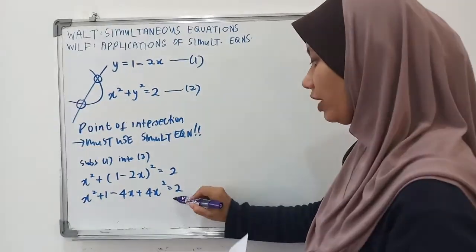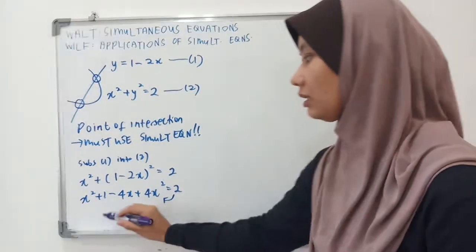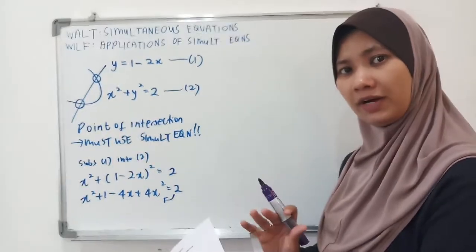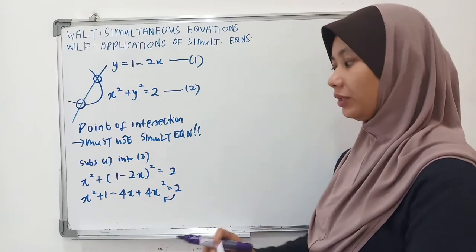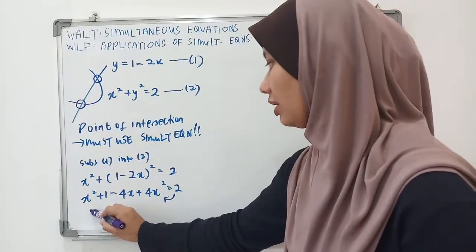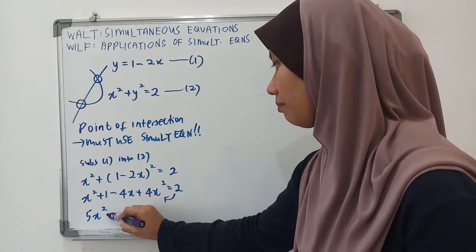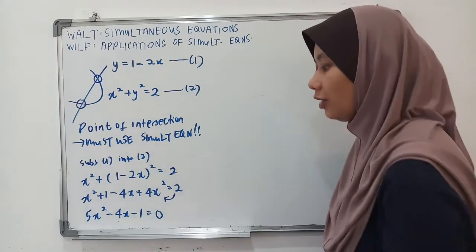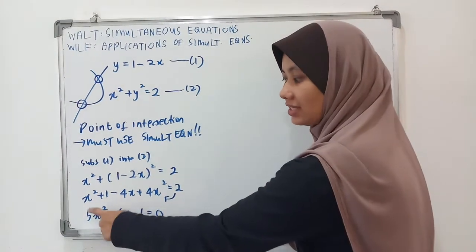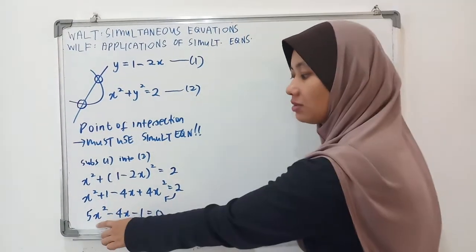Now you bring 2 over there. Can I just straight away simplify? You don't have to skip the steps if you don't want to, but can I do it the shortcut way? So 5x squared minus 4x minus 1 equals 2, or rather, equals 0 after moving the 2. How do I get 5x squared? x squared plus 4x squared becomes 5x squared.